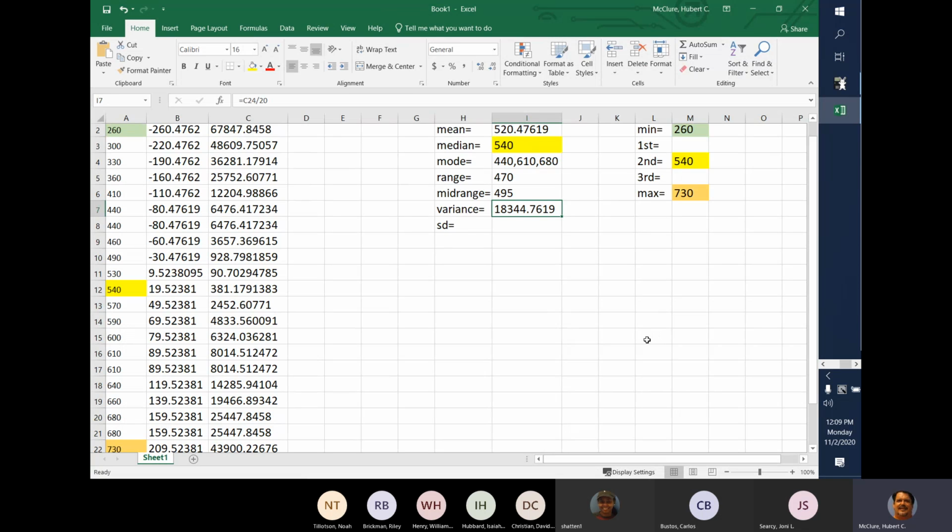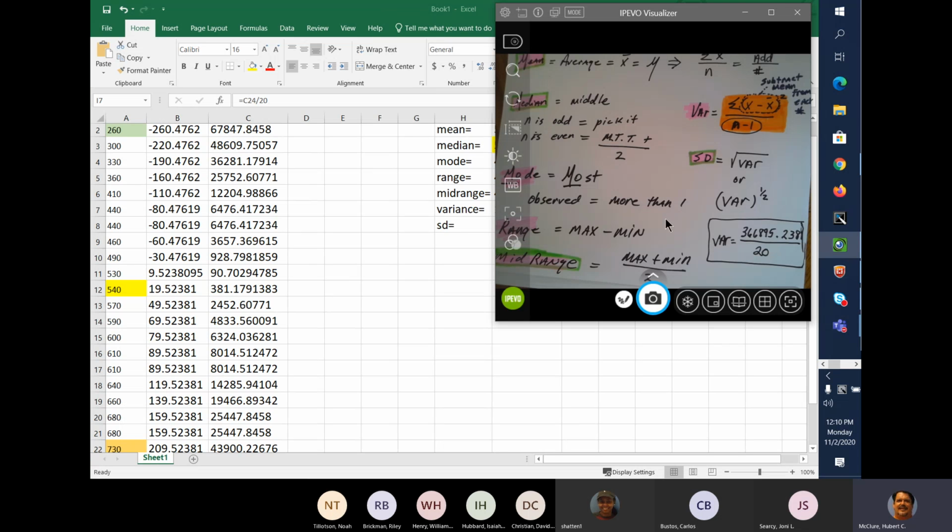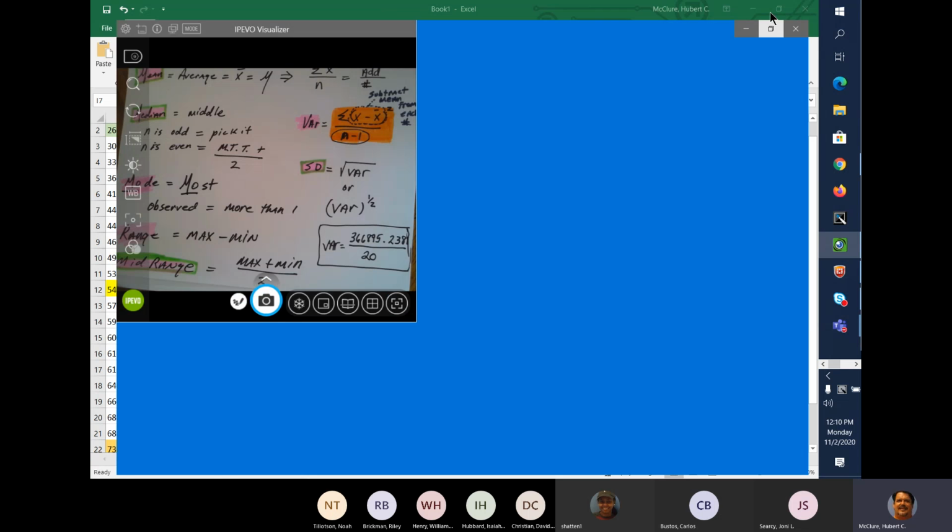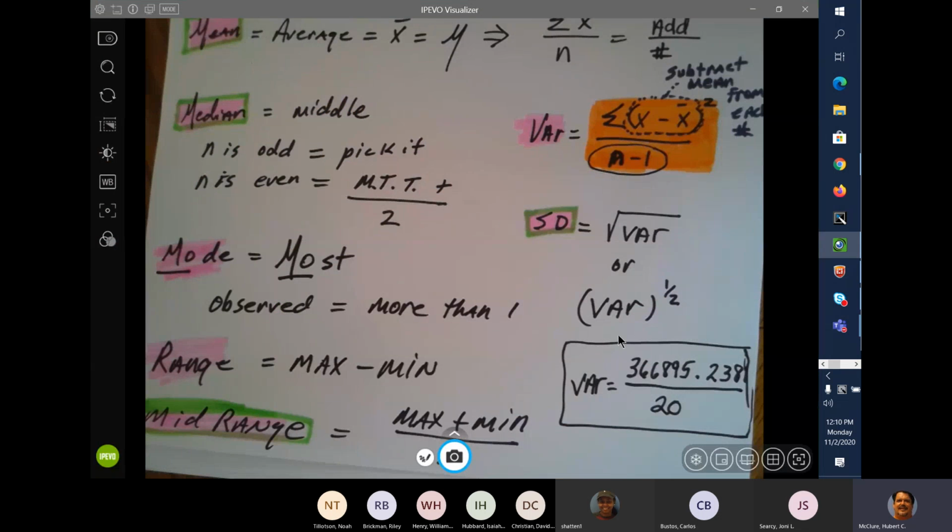Now, variance is not very important in this class. Standard deviation is. Now, somebody tell me by looking at the formulas. You hear me say that a lot, don't you? Looking at the formulas. Because that's what I'm going to tell you if you ask me how to do this problem. I'm going to say, look at the formulas. What is the relationship between the standard deviation and the variance?